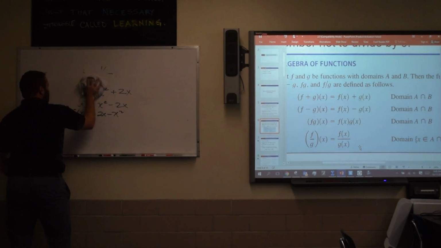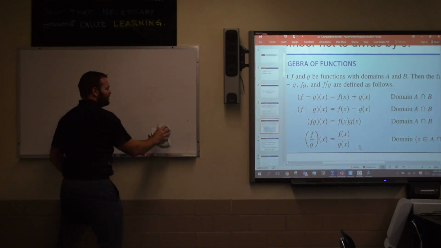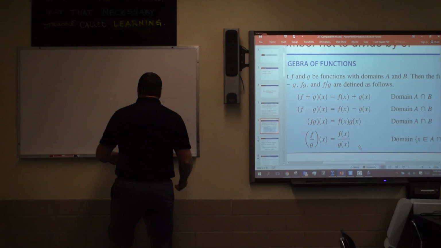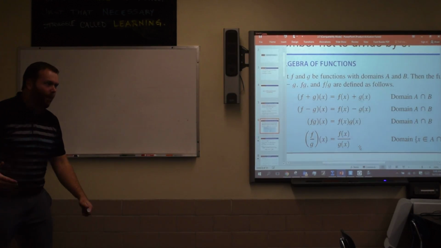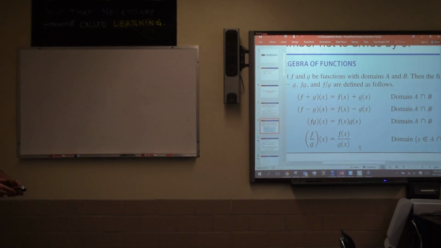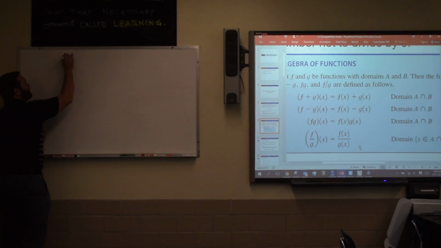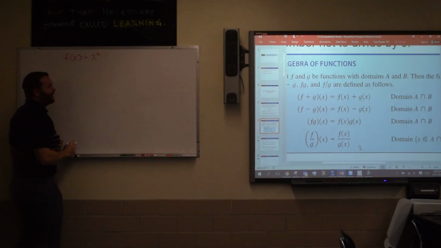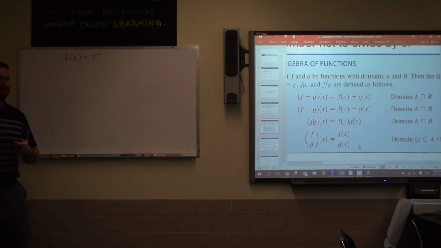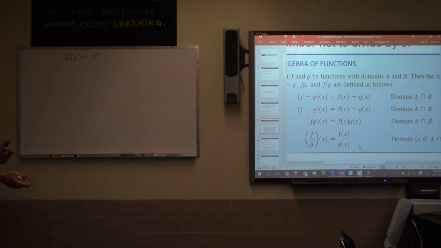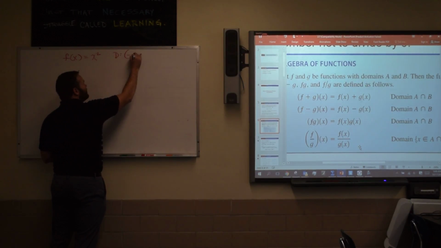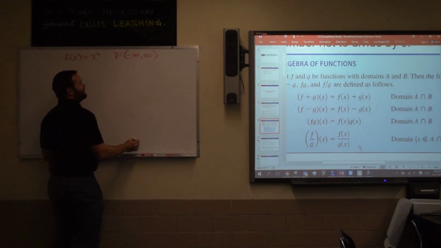And here's the idea, and why we have to pay attention to this. If we think about what we're trying to do, we're trying to add y values, right? Well, I can only add 2 y values if I know what both of them are, correct? Okay. So let's say I start you off with f of x being x squared. What's the domain for x squared? All real numbers. So negative infinity to positive infinity.